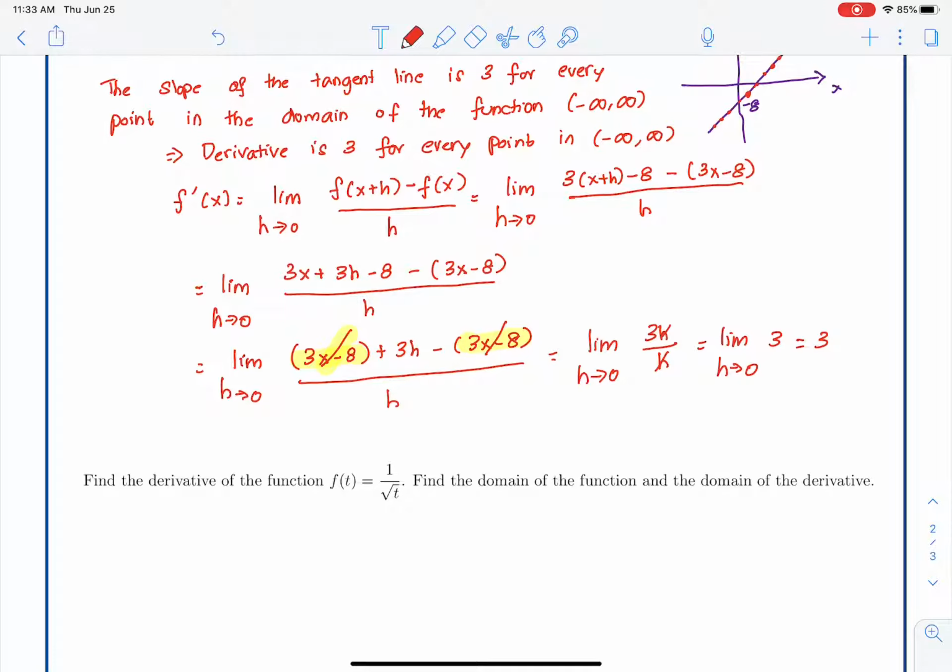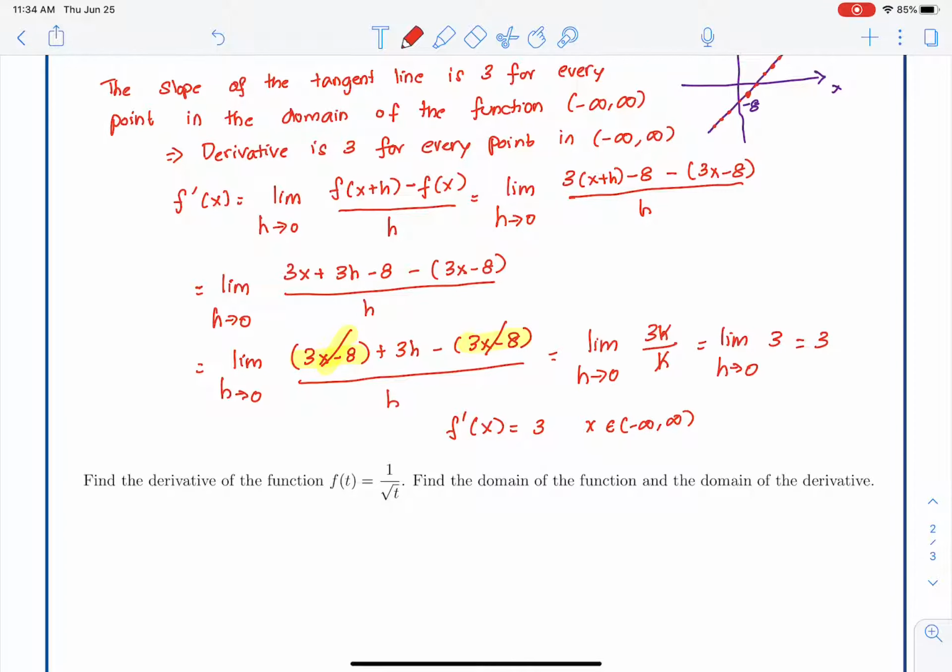So as I suggested at the very beginning of this problem, the derivative of this function would be 3 in the domain of the function, and it turns out that f prime of x, which is the derivative, is 3 no matter what value of x I pick in negative infinity to positive infinity.